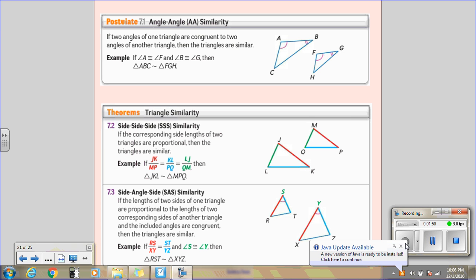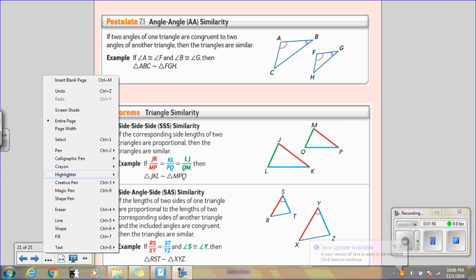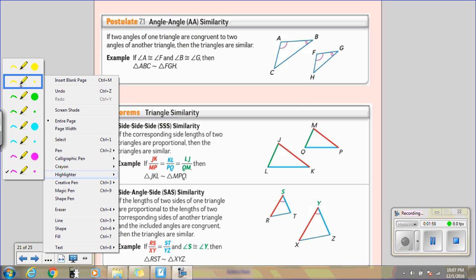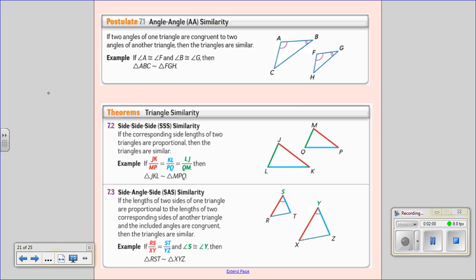Included, we talked about the meaning of that earlier this year, but if you read it side angle side, you should notice that the word angle is between the two sides. So included just simply means between. So in the pictures, the congruent angle is between the two proportional sides. So included means between.